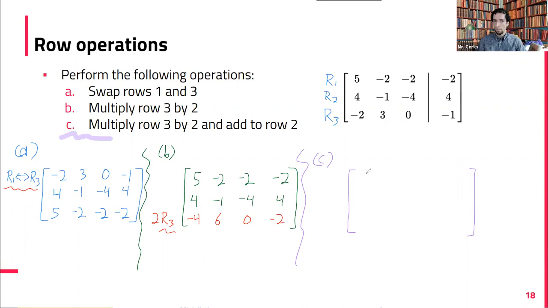The first row will stay the same. Okay, so row 1, that's pretty obvious. We haven't even mentioned that in the operation. So row 1 will be the same: 5, -2, -2, -2. What about the other ones? The second one, the third one will be replaced by the result.